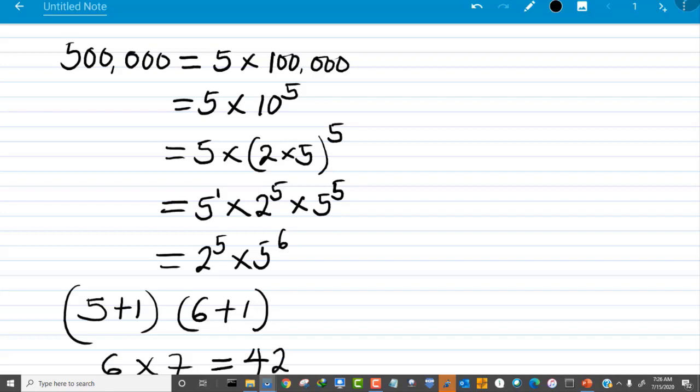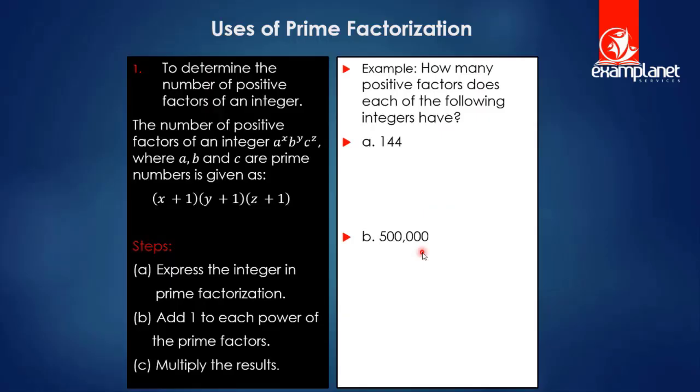So this means 500,000 has 42 positive factors. All right. Okay, so that is how we can use prime factorization to find the number of positive factors of any integer.